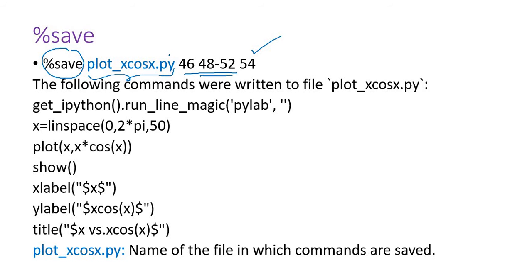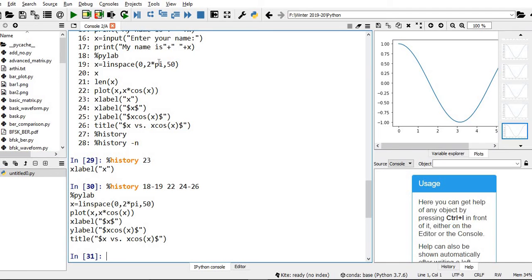By default that is stored in .py Python format. Let me do this: %save, some file name, plot1_x cos x .py.